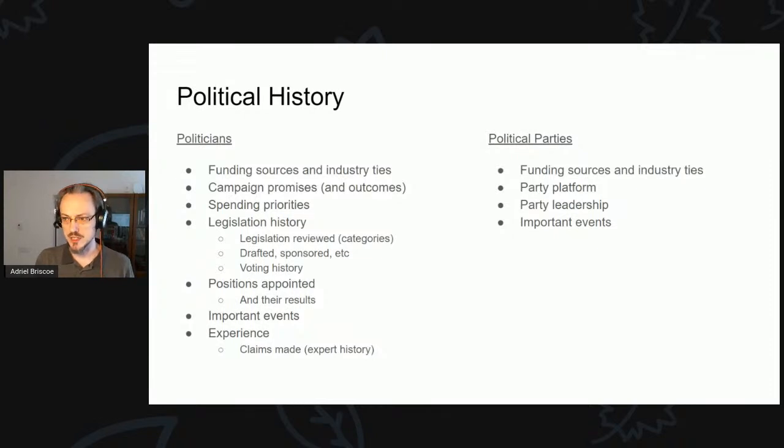For the legislation history, now, one of the important things that's sort of a side piece here is the legislation needs to be reviewed by the Wikilection community so we can understand what sort of categories it fits into. So if somebody votes for or against it, what does that show that they might either just value in general or that they might value one thing over another, right? So if a certain piece of legislation maybe shows to value the environment over business, then maybe if you vote for it, that doesn't mean that you hate business.